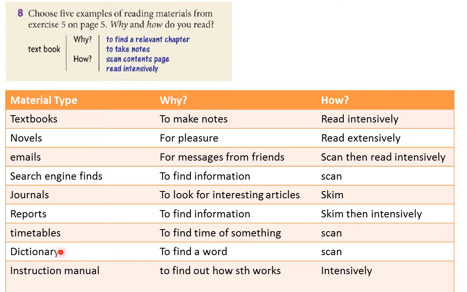The main purpose of using a dictionary is to find a word, and the main reading method is scanning. It is hard to read a dictionary intensively, so scanning is the best method. Instruction manual: to find out how something works.